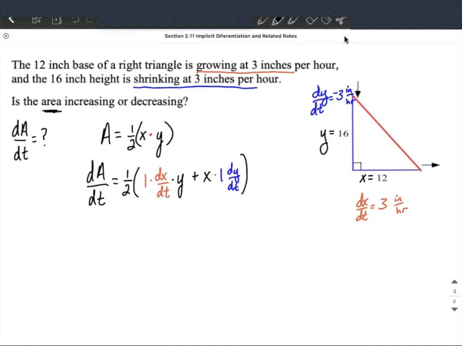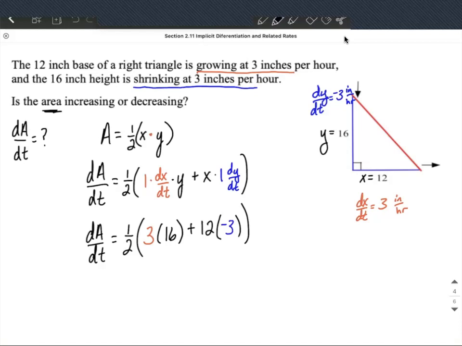All right, from here, let's fill in all the information that we collected over on the right-hand side. So we can say dA/dt, leaving that side alone, is 1/2. I'm going to leave the 1 alone, not going to bring it down. And then dx/dt was 3. We said our y value was 16, plus our x value, x is equal to 12 on the bottom there, multiplied by dy/dt was given by negative 3.